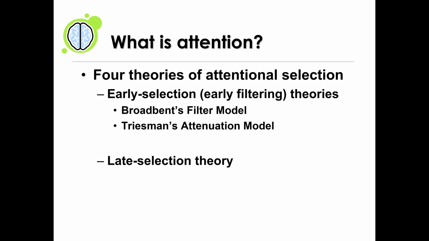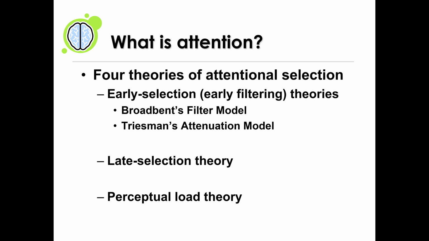And then the last one isn't so much a theory, but you can call it that. It kind of runs in between the bounds here. You have perceptual load theory, which takes into consideration that there's probably filtering at some level, but really it depends more on how much load the individual is under, or rather how much capacity they have to process information.